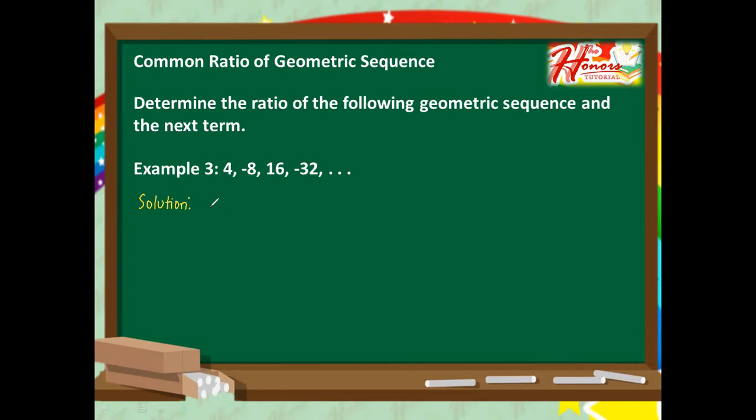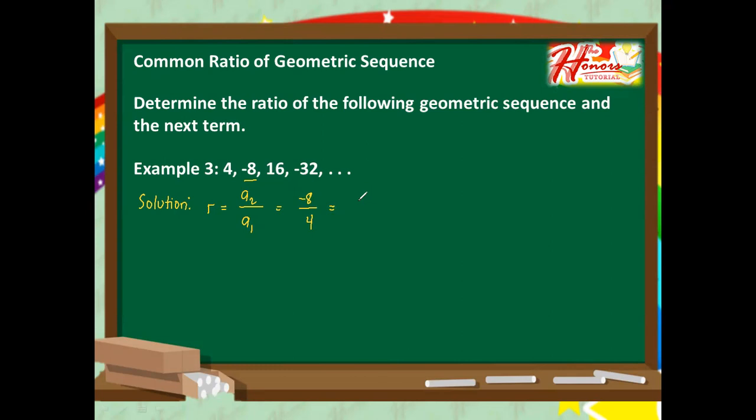And then R is equal to A sub 2 over A sub 1. A sub 2 is the second term, so we have negative 8 over A sub 1, that's 4. So now, let's divide.